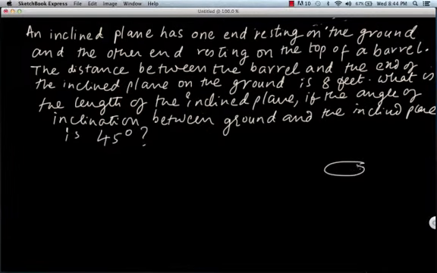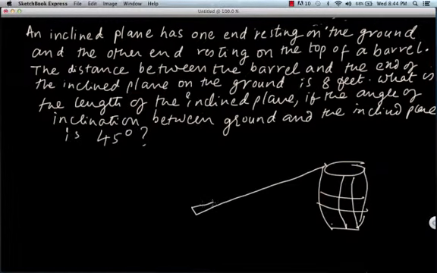So there is a barrel. Right? And there is an inclined plane which is resting on the top of the barrel. And the other end of the inclined plane is on the ground.